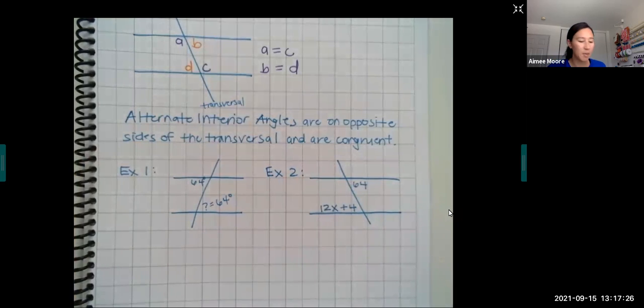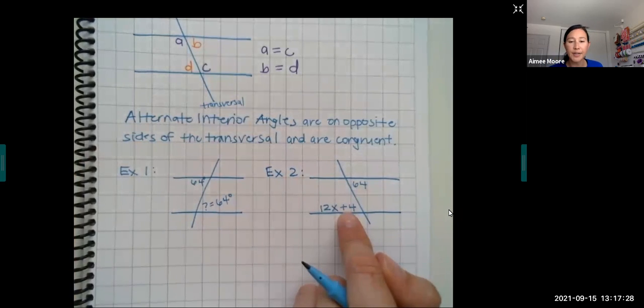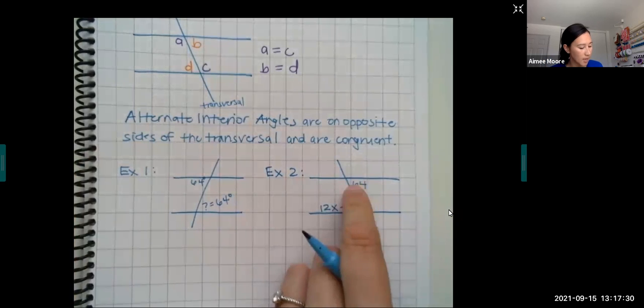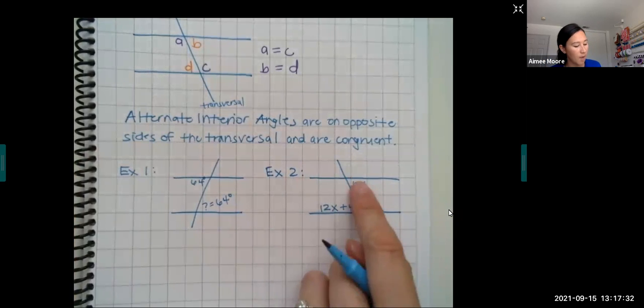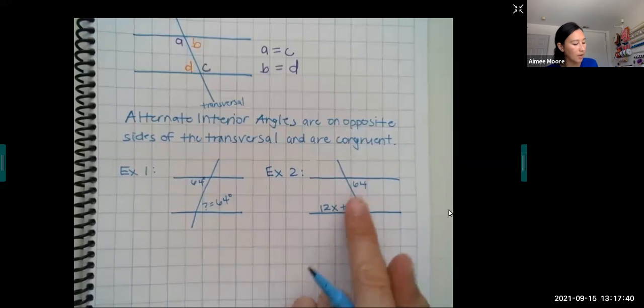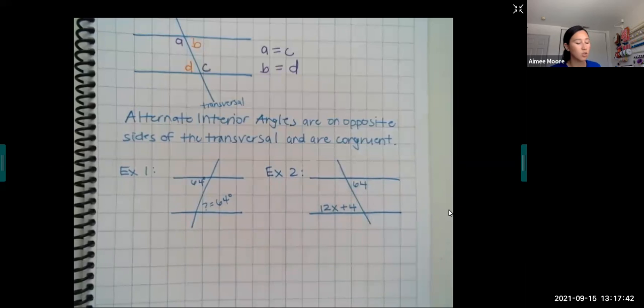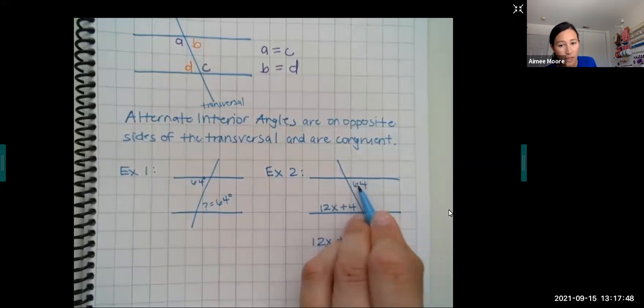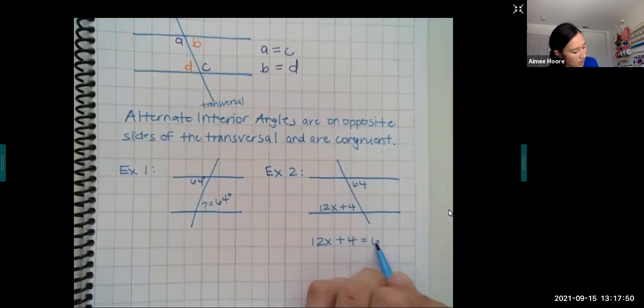So again, we have to remember that these are alternate interior angles. They're inside the parallel lines and they're on opposite sides of our transversal, which tells us that the relationship between these is that they are equal. So we just set these angles equal to each other and we can solve for x. So 12x plus 4, we know that this angle is equal to this angle, which is 64.